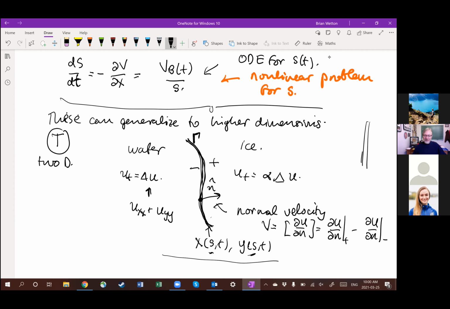So you would actually have a representation of this curve, and there would be points on the curve, and you would move those points with this normal velocity, and maybe solve these problems with a finite element method on either side in this moving domain. So that's what's known as a tracking method.